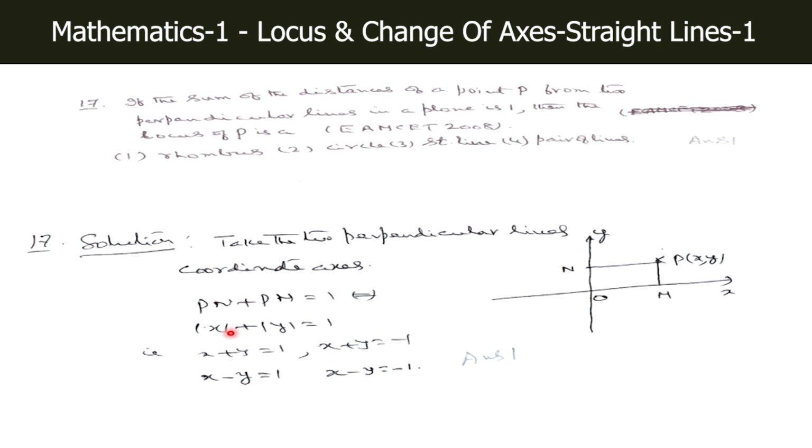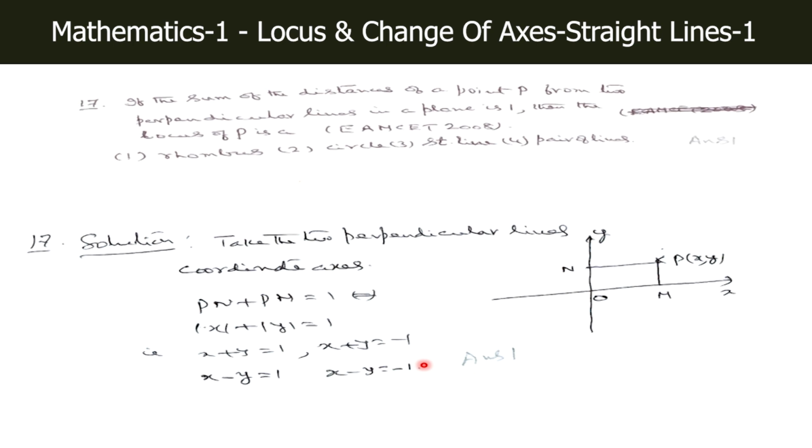Now, PM plus PN is equal to 1. That means mod x plus mod y, because the distance of a point (x, y) from the x axis is mod y, and from the y axis is mod x, and by hypothesis mod x plus mod y is equal to 1. That means x plus y is equal to 1, x plus y is equal to minus 1, x minus y is equal to 1, x minus y is equal to minus 1.